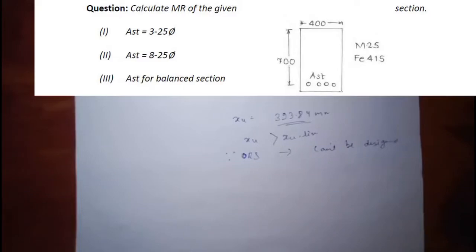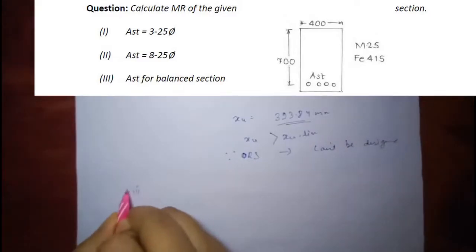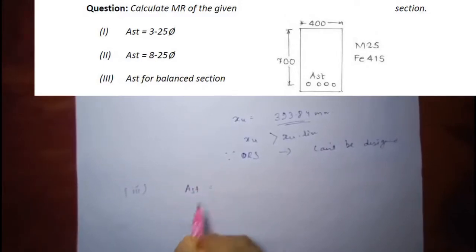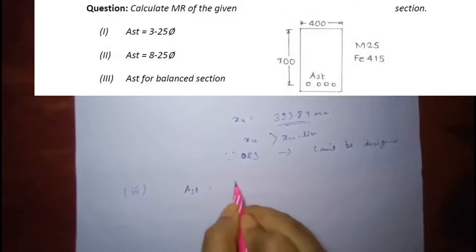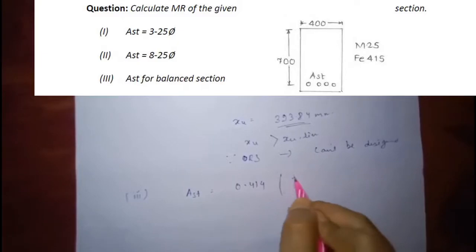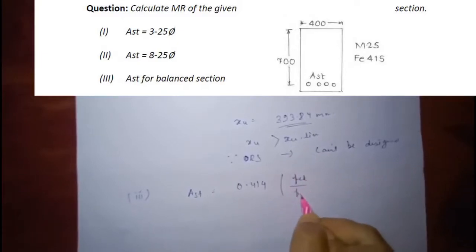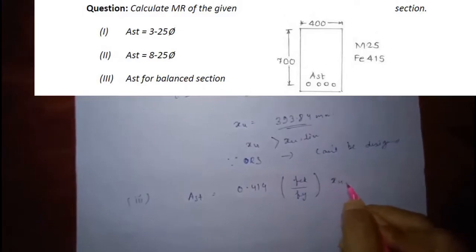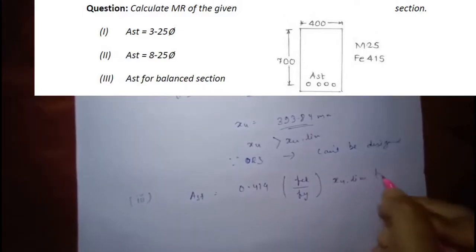Next, for the balanced section, the Ast will be given by, I hope this formula is memorized or remembered by every person watching this video. That is, Ast is equal to 0.414 multiplied by fck upon fy multiplied by xu limit multiplied by b.